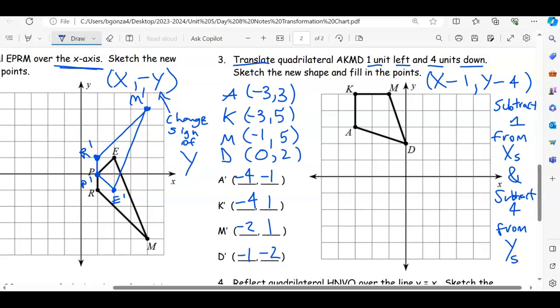Negative 4, negative 1 goes here. Negative 4, positive 1 goes here. Negative 2, positive 1 goes here. Negative 1, negative 2 goes here. Use your ruler to make some straight lines.